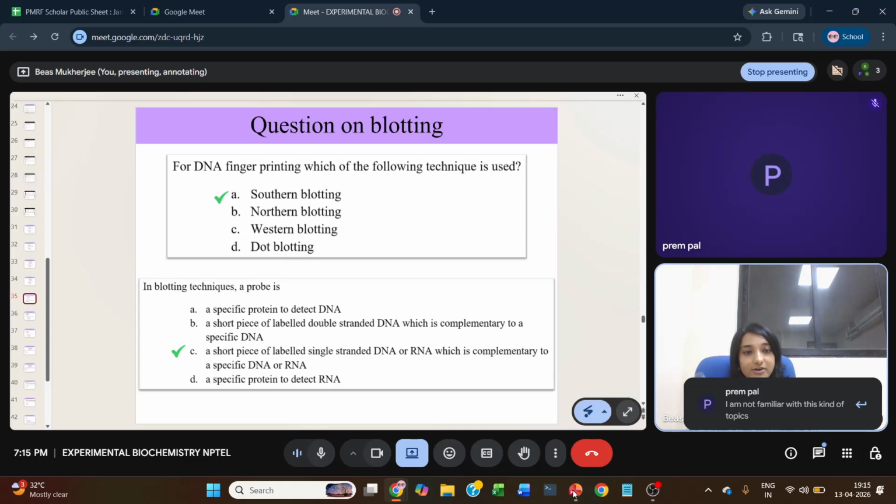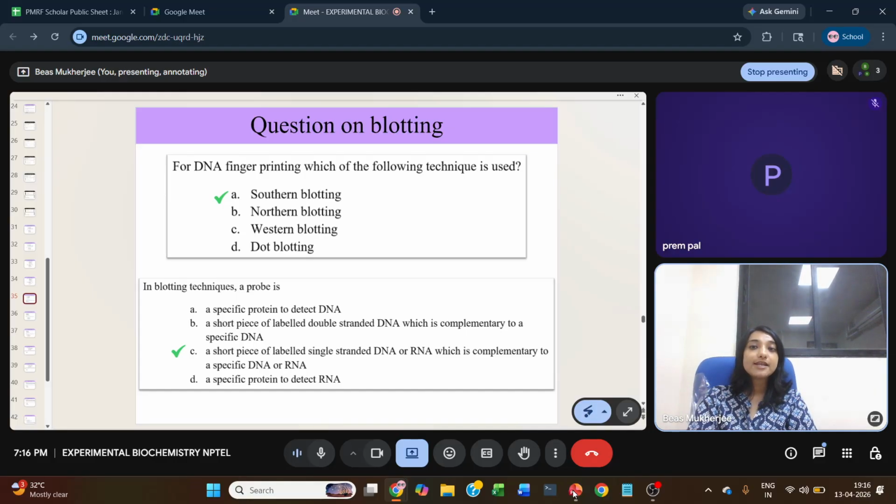Achha. So for DNA fingerprinting, which of the following techniques is used? Okay, so what is DNA fingerprinting? DNA fingerprinting means that specific regions in the DNA are identified using very specific probes, and that helps us to find out.